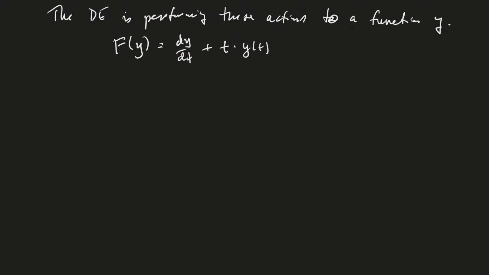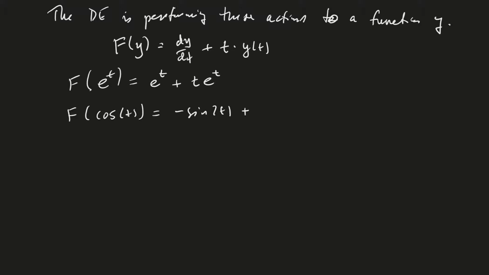But then what we can ask is, well, what does f do to other functions? What does f do to e to the t, for example? Well, f of e to the t is going to be e to the t, that's the derivative, plus t e to the t, right? What is f going to be doing to, say, the cosine function? It's going to be minus the sine of t plus t times the cosine of t, right?